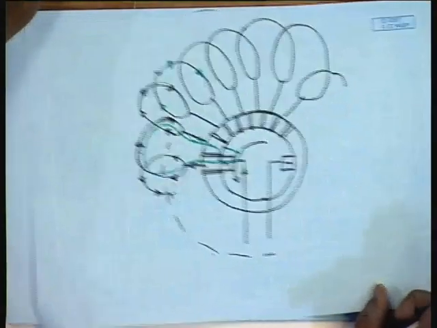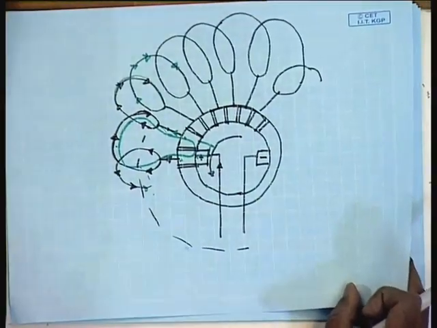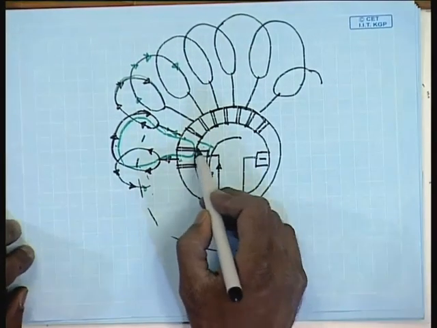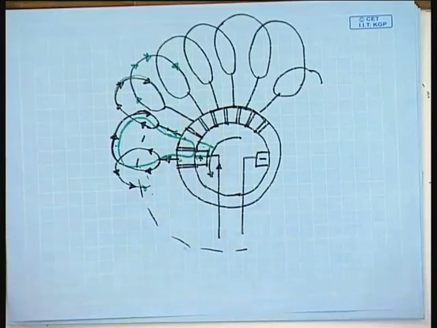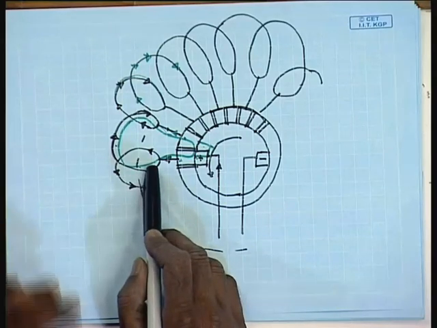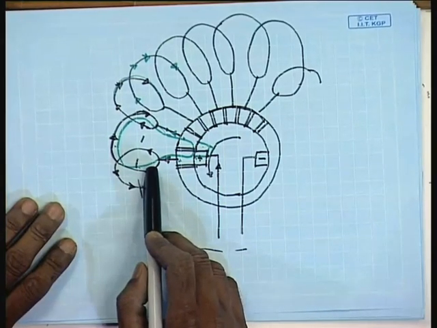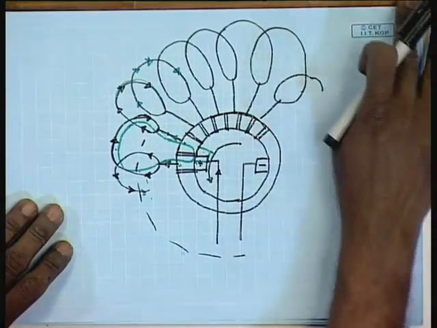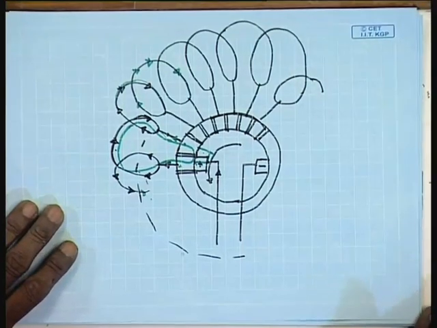One point to be observed is that in the process of commutation, the coil that undergoes commutation is shorted for a while, and we know that when these coils rotate under the influence of a magnetic flux, voltage is induced in them. So, if there is any voltage induced in this coil and it is short circuited during commutation, there will be a very large current flowing in the coil and it can damage the coil.